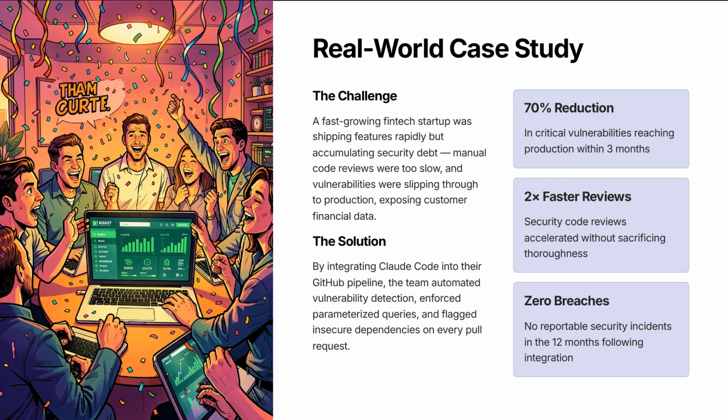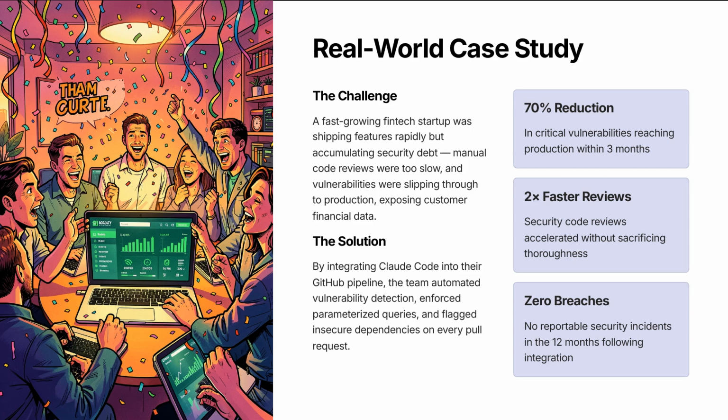Let's look at a real-world case study involving a fast-growing fintech startup. This company was rapidly deploying new features, but struggling with security issues due to the slow pace of manual code reviews. Vulnerabilities were slipping through to production, putting customer financial data at risk. By integrating Claude Code into their GitHub pipeline, they automated vulnerability detection and enforced secure coding practices.